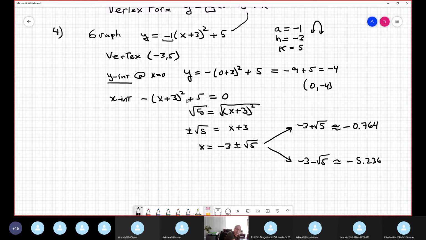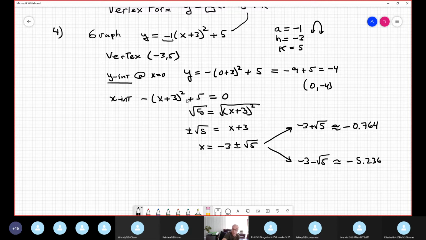So far, I have in my hand the vertex is the point (-3, 5). The y-intercept is the point (0, -4). And we discover now two x-intercepts, the points (-0.764, 0) and (-5.236, 0).